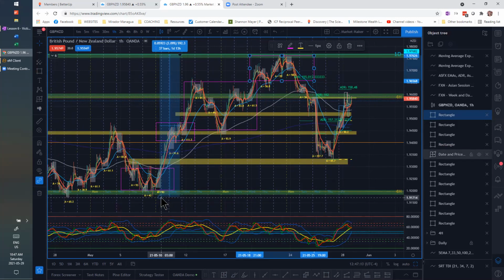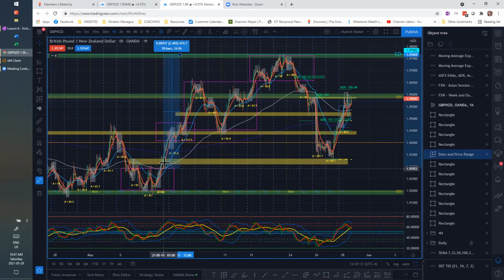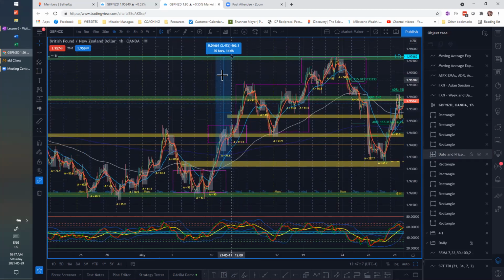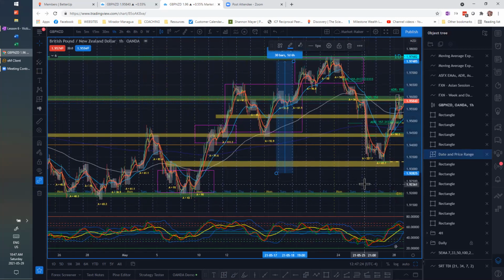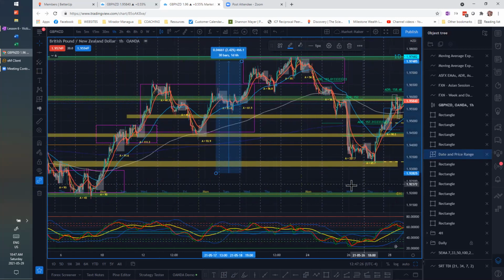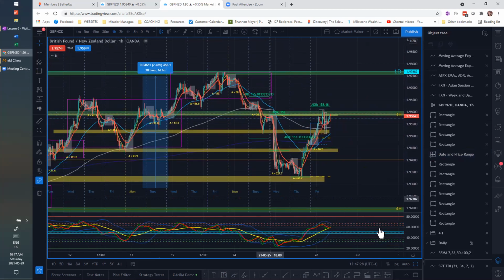So I'm going to redraw this just to give me a potential idea. So this distance in here is reasonable for a 3 times ADR because it's never exact. It's a little bit more, it's a little bit less.